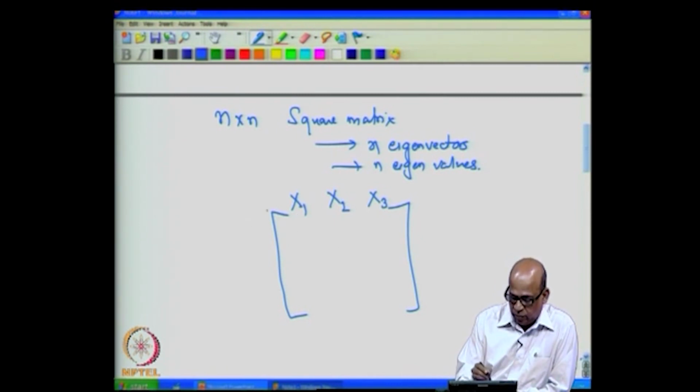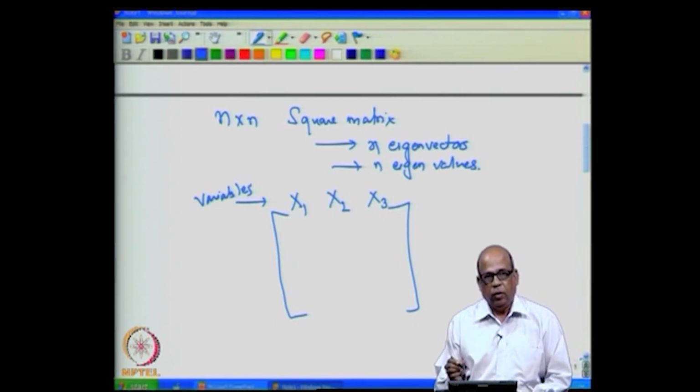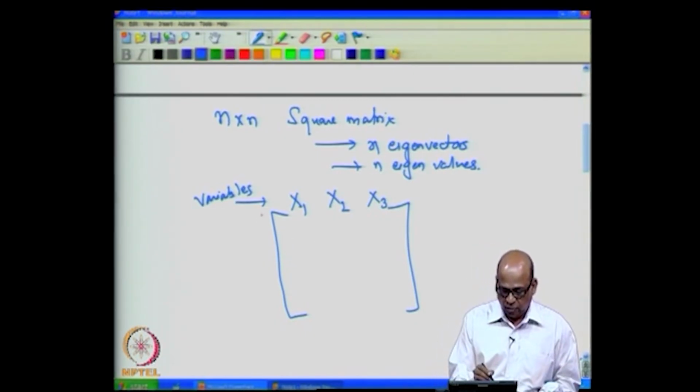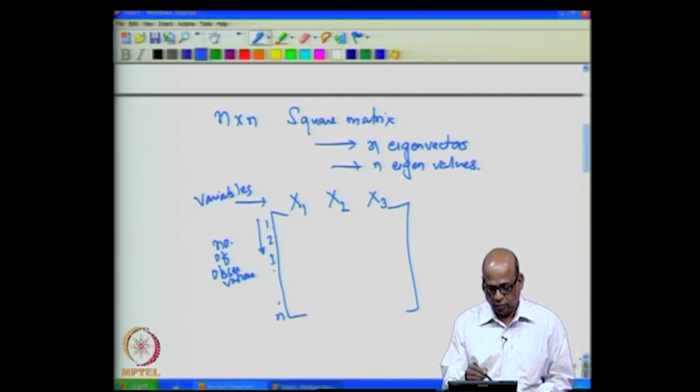On each of these variables, you have a number of observations. Let us say you have 1, 2, 3, etcetera, you have n number of observations. If you have 50 years of monthly data, n will be 600.